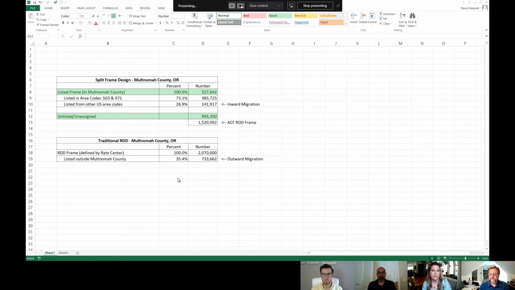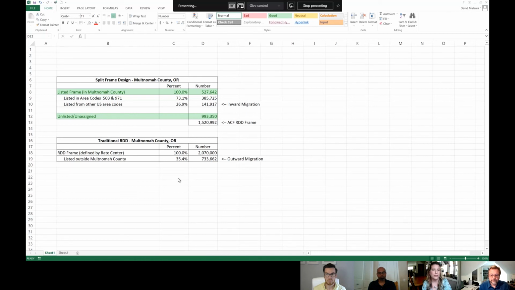Right, it's about 27% of the numbers that we think are in Multnomah County that you have basically excluded from your sample frame before even trying to go into data collection. So again, ACF does a really good job in terms of trying to get the people who really are in your target geography into the sample frame.